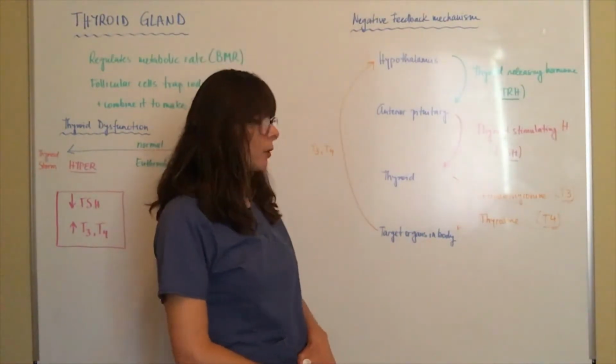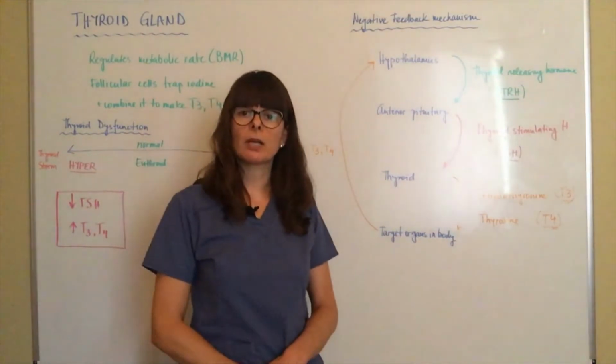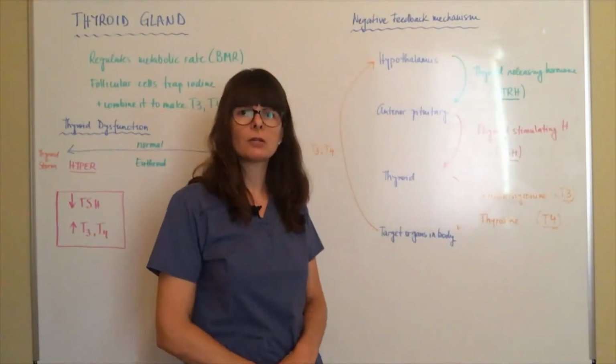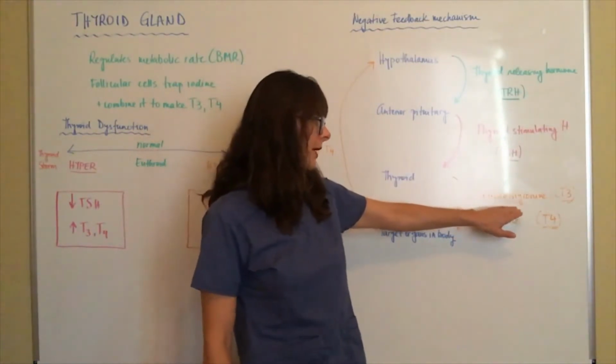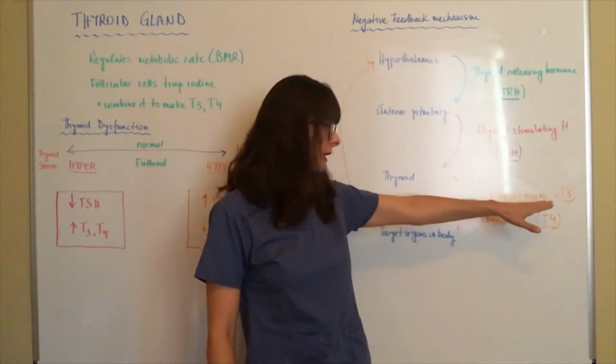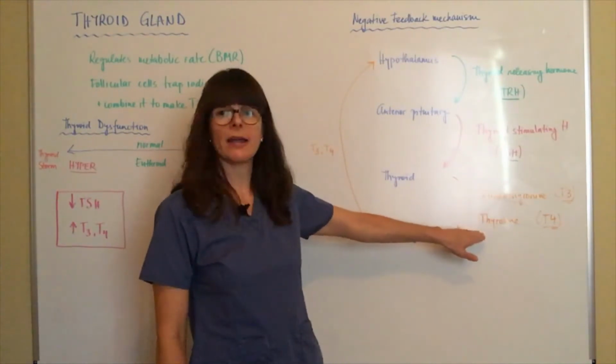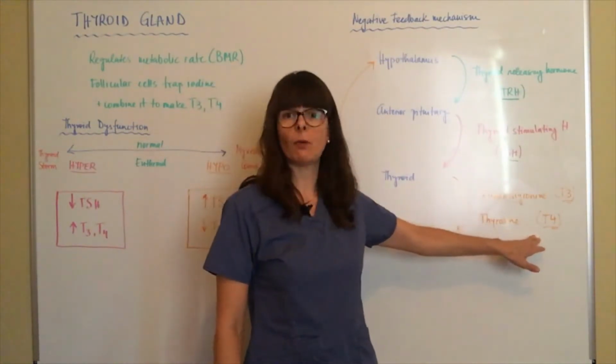So the two thyroid hormones that we can measure in the bloodstream are T3 and T4, which is triiodothyronine, so tri meaning 3, T3, and then thyroxine, which is T4.